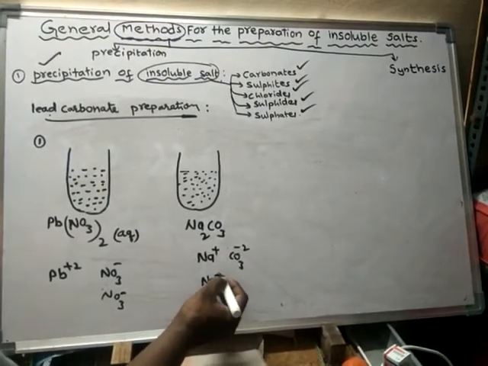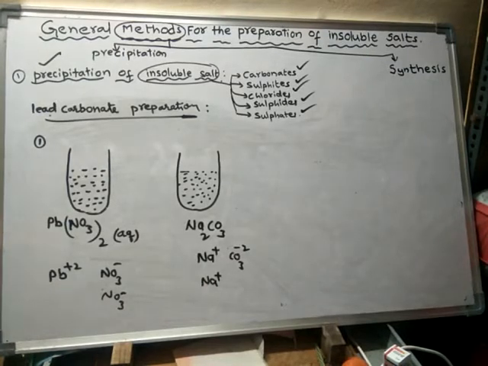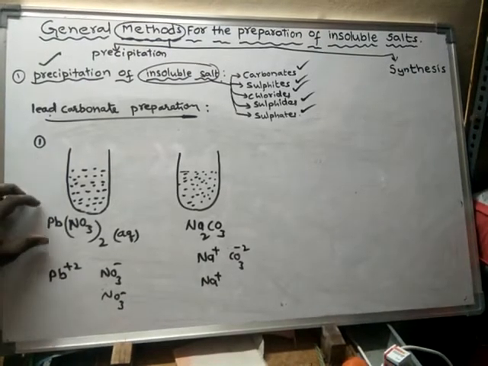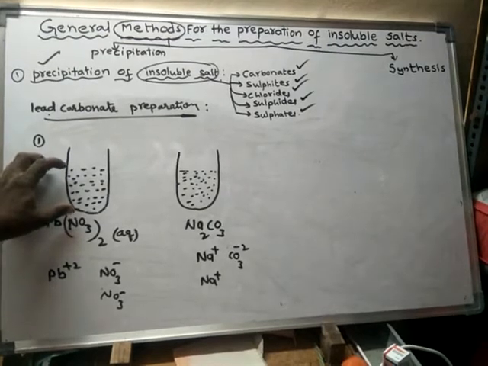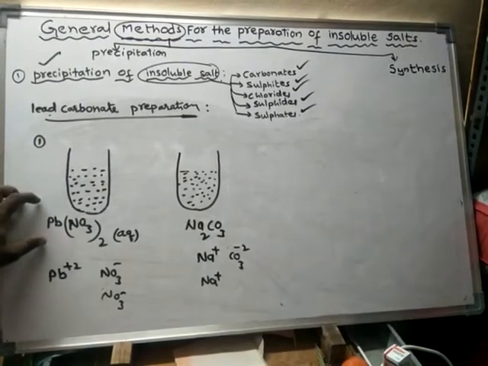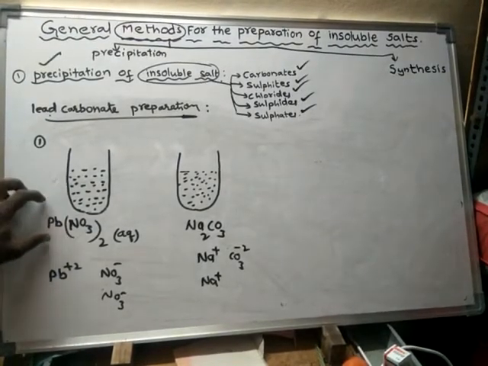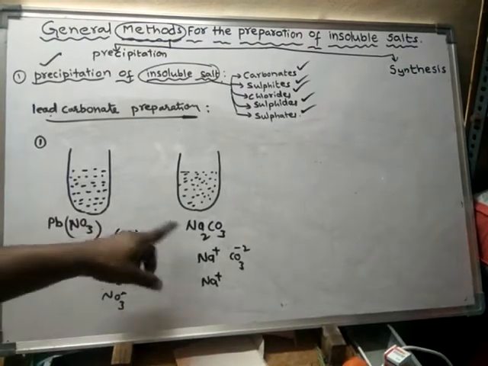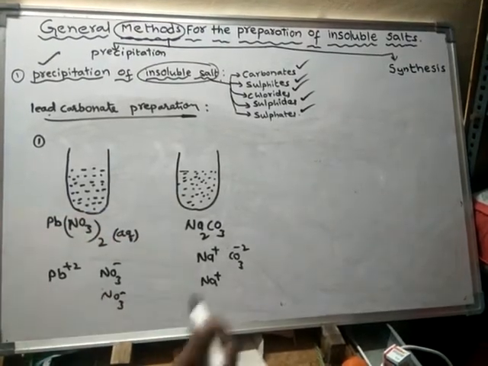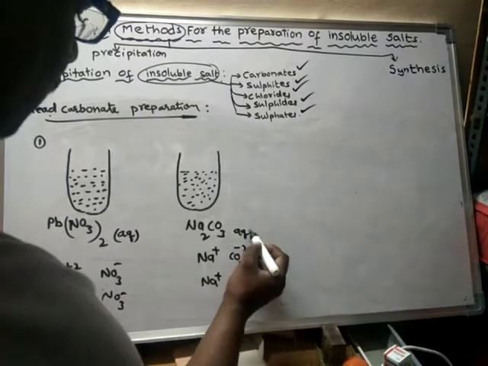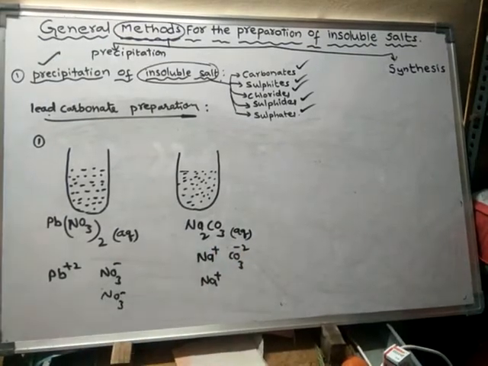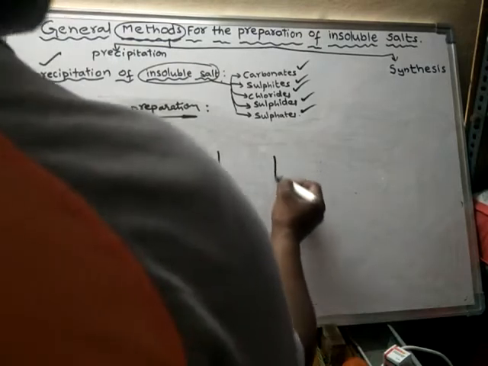First, prepare the solution of lead nitrate by taking some amount of lead nitrate in a test tube. Okay, and prepare the aqueous solution of sodium carbonate also. Separately, these two are prepared. Now take a beaker.